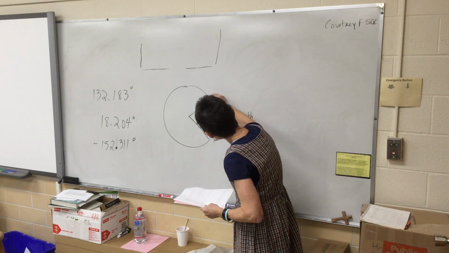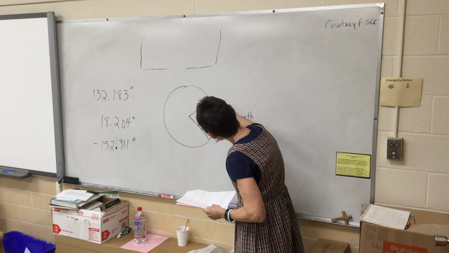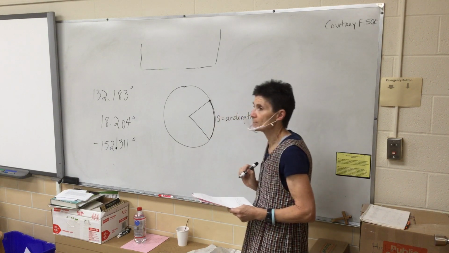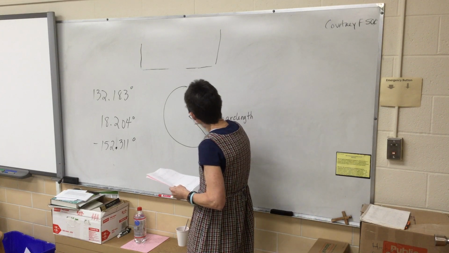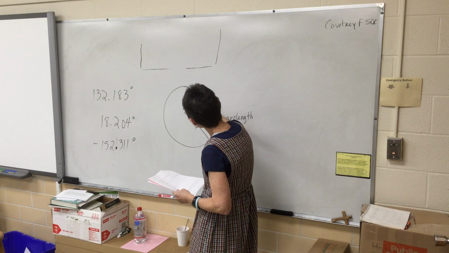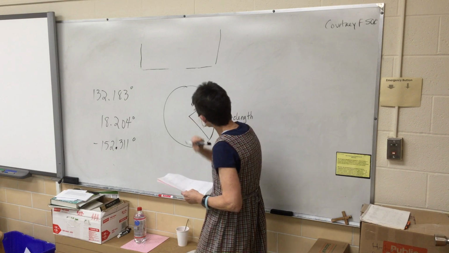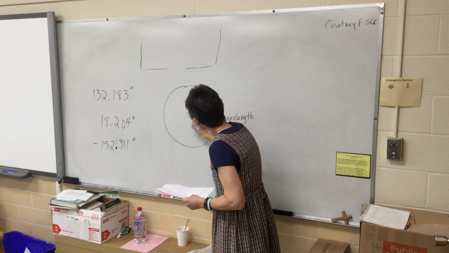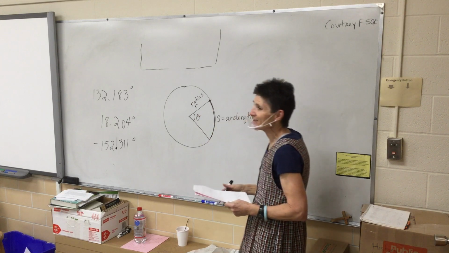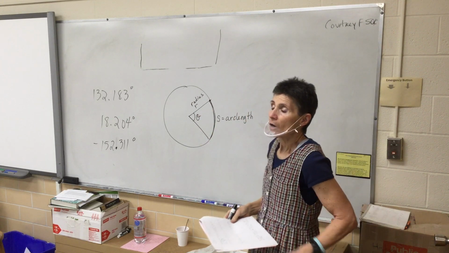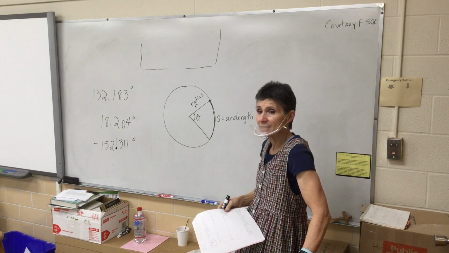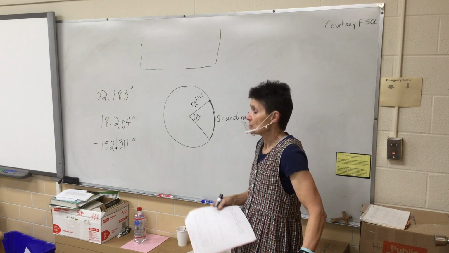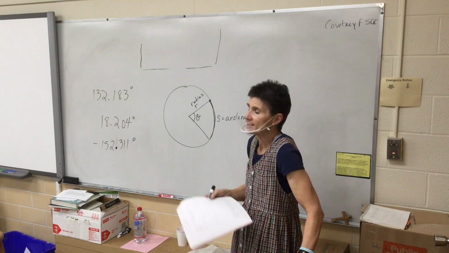So this is what we call an arc, right? You know that from geometry. That's an arc. That's S. This is the radius of the circle. And this is the central angle called theta. T-H-E-T-A. Theta. That's a Greek letter. It's just a variable.